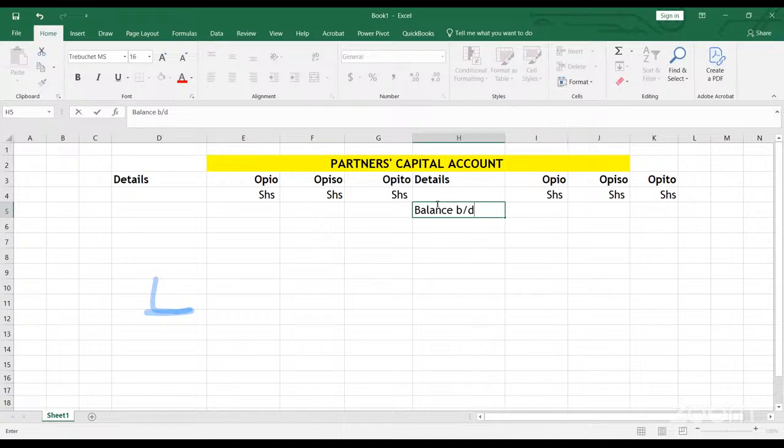Read for me the balances brought down from the question. Balances brought down for Opo.